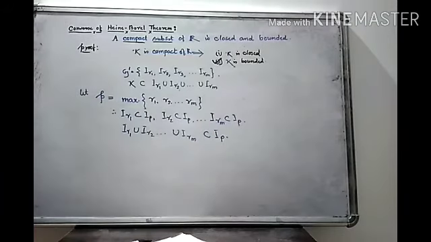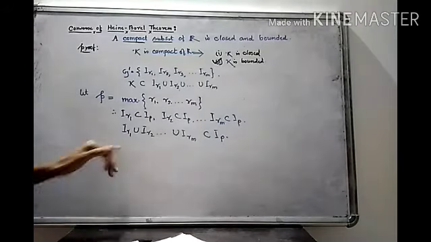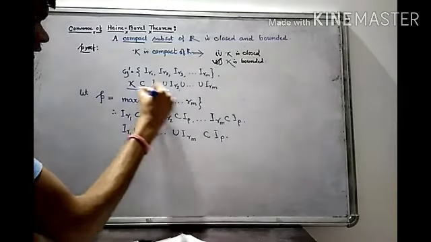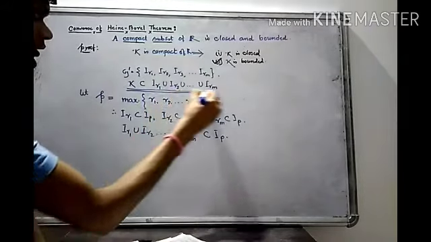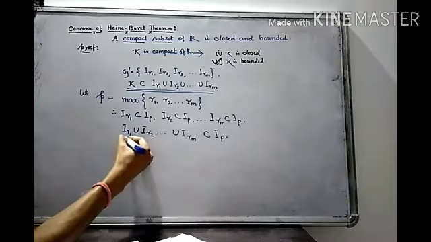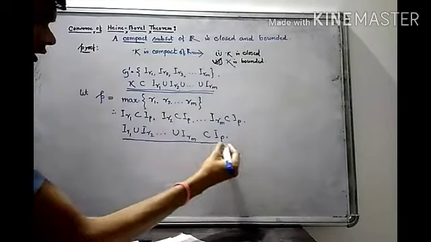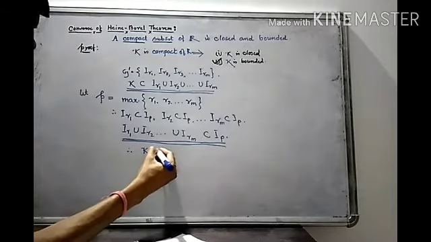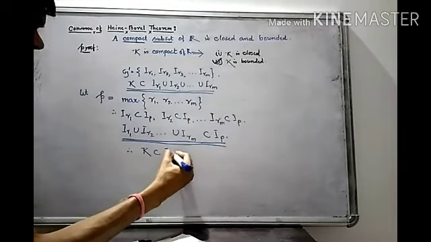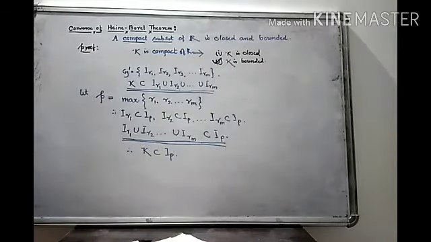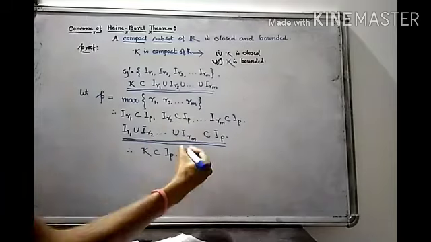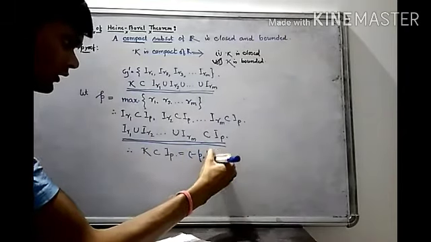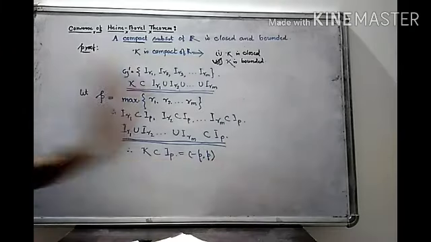Is it clear? But look here, K is a subset of this union, and this union is a subset of IP. That means from here we can easily say K is a subset of IP. Is it clear? What is IP? IP is the open interval minus P to P.